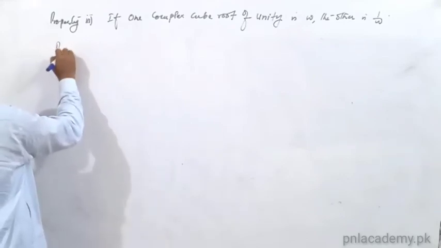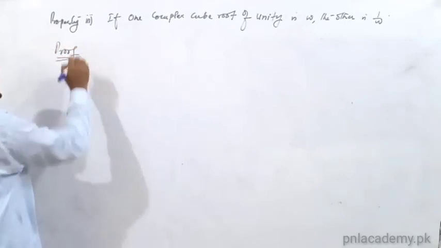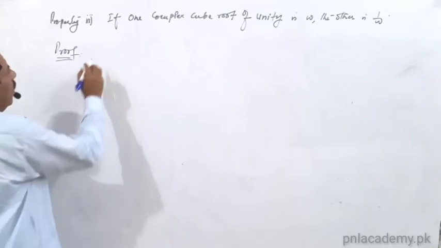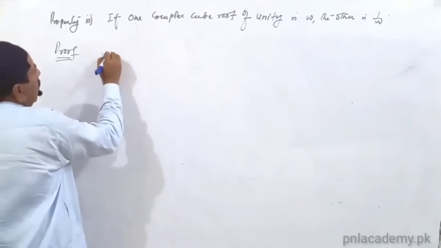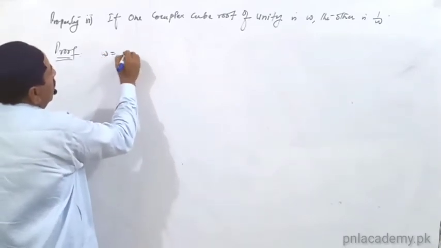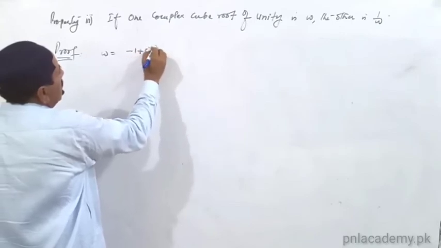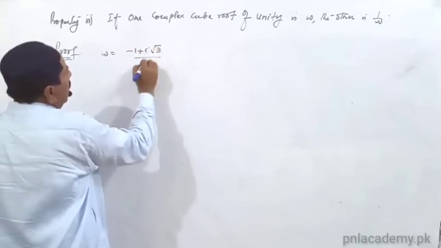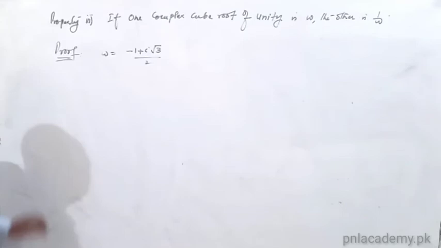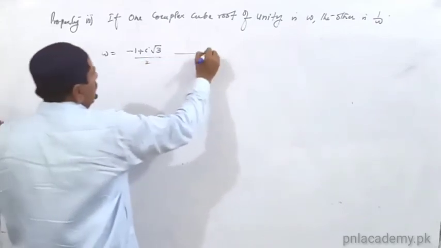Proof. As omega is equal to minus 1 plus iota radical 3 upon 2, this is given.